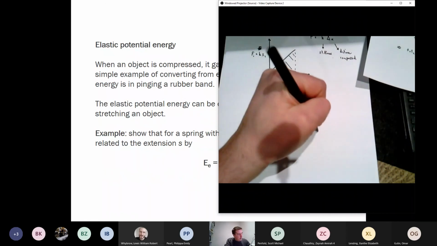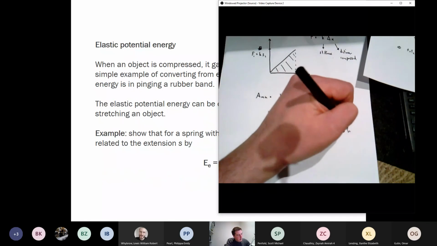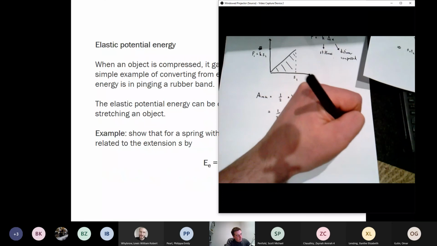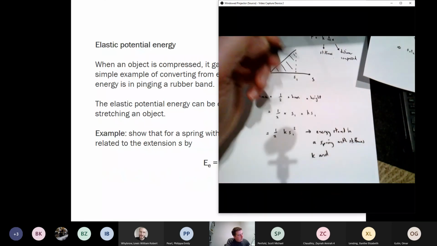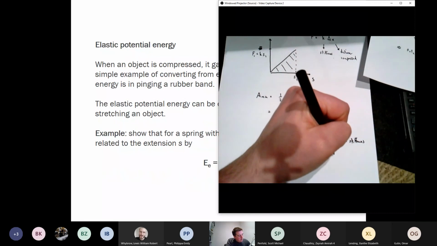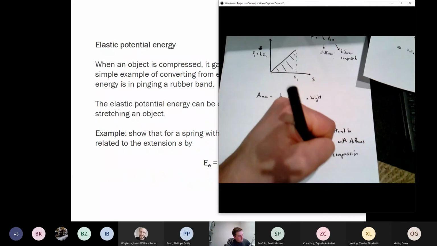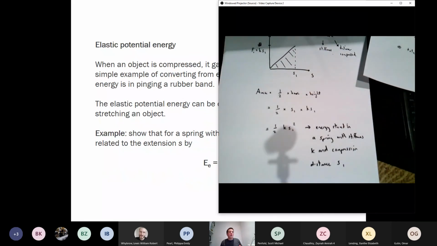So this is the energy stored in a spring with stiffness K and compression distance S1. Sorry, that wording's a little bit clunky. Perhaps I could have said with stiffness K and compressed by a distance S1.